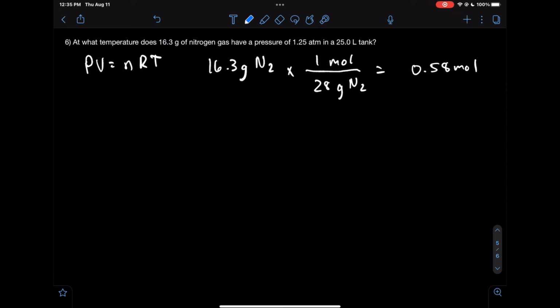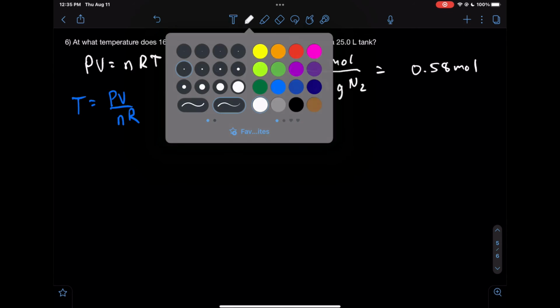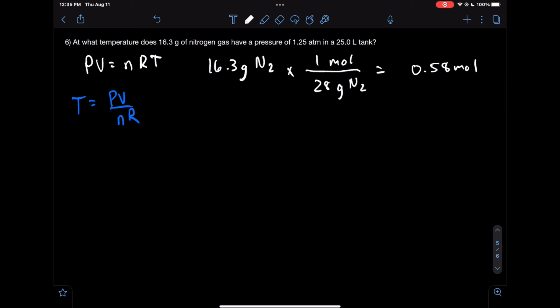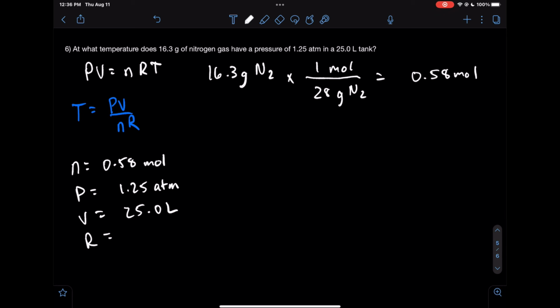To solve for T, we will take T equals PV divided by nR. So we know n equals 0.58 moles. P equals 1.25 atm. V equals 25 liters. And R will equal the ideal gas constant, which is 0.0821.